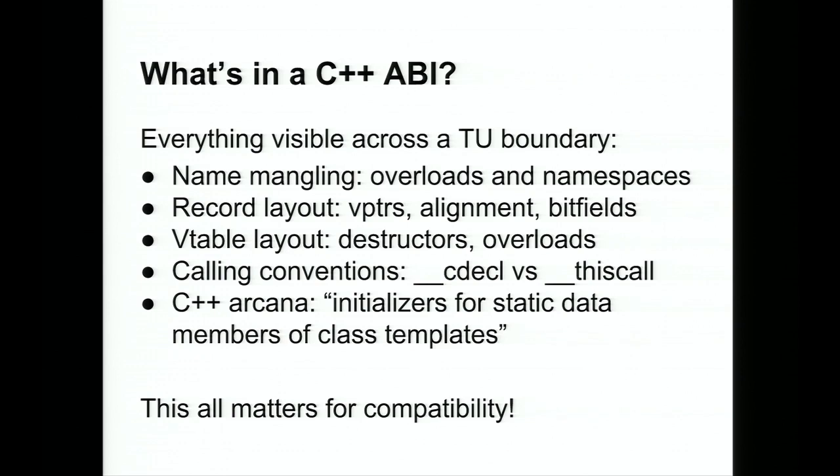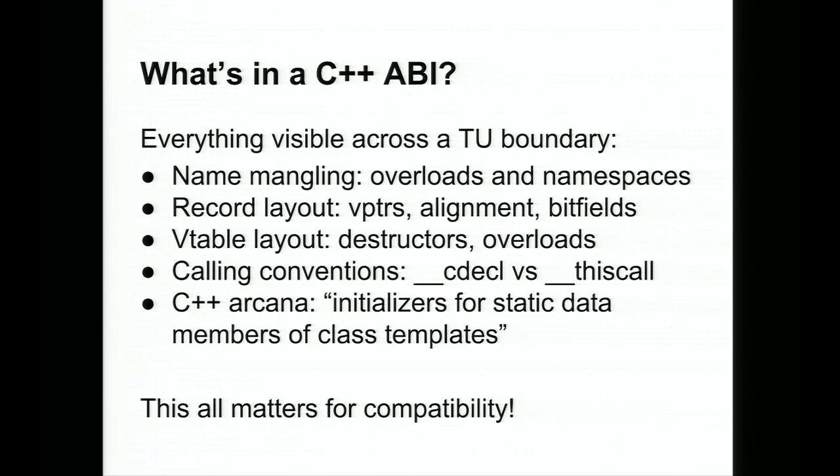You need to be able to come up with different symbols for those two overloads. And then there's a pile of other stuff that makes sense, like laying out records. Where exactly do you put the virtual function pointer? How are you going to pad things? This could be different. And then I think bit fields are the most interesting point of compatibility. How exactly do they get packed? Do they get packed at the beginning, the end? It's good stuff.